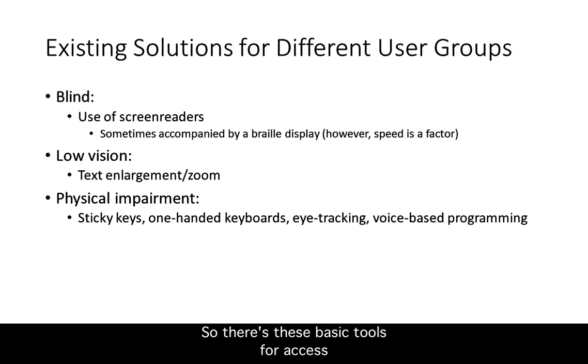So there are these basic tools for access that persons with disabilities use, these various assistive technologies, but it doesn't mean that just by having these tools available, there are no issues in this space. If we go to low vision users, similar things here. So there's text enlargement, there's zoom, and so forth.